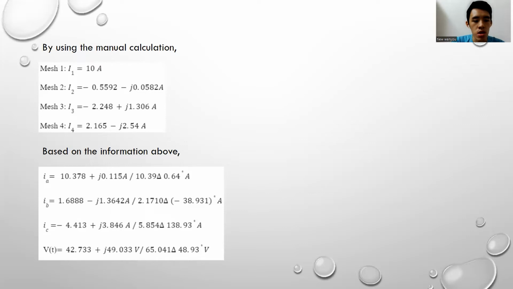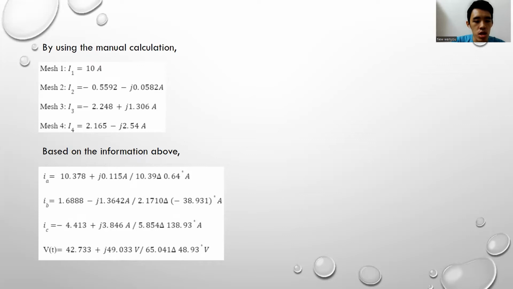IC equal to negative 4.413 plus j times 3.846 ampere, or we can say 5.854 angle 138.93 degree ampere.